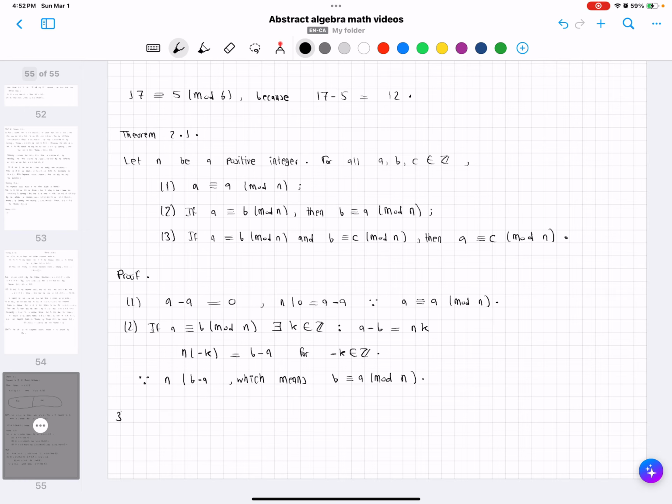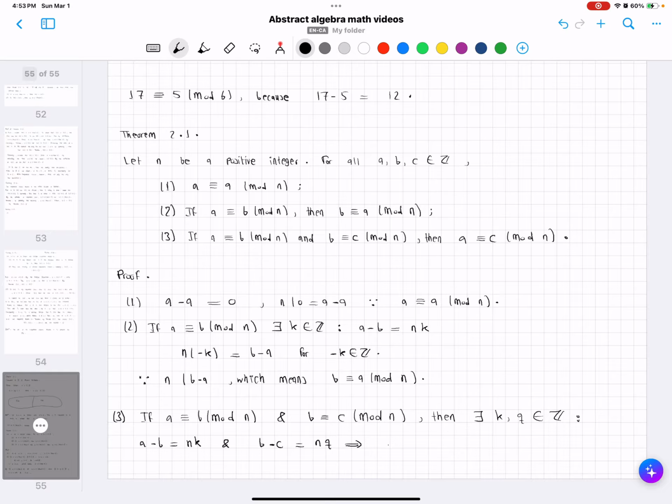The third thing is if a is congruent to b mod n and b is congruent to c mod n, then there exist k and q belonging to Z such that a minus b is n times k and b minus c is n times q.